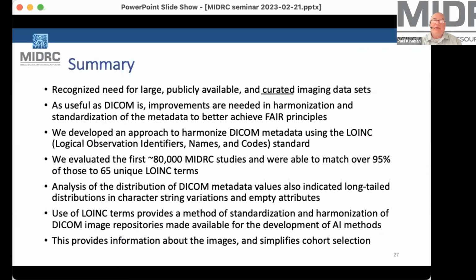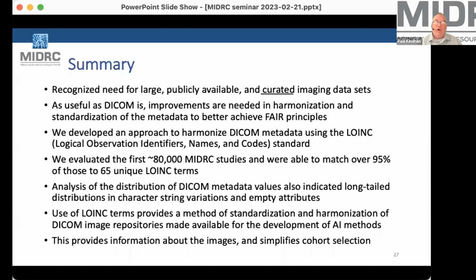My last slide here: I just mentioned that we're addressing the need for a large, freely available and curated imaging data set. Although DICOM was a great start, it wasn't quite sufficient. So we've added this extra step to help harmonize the study descriptions using the LOINC terms as the first step.